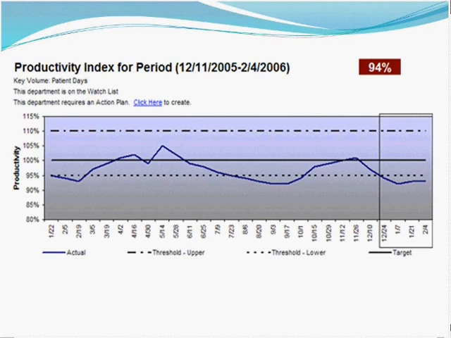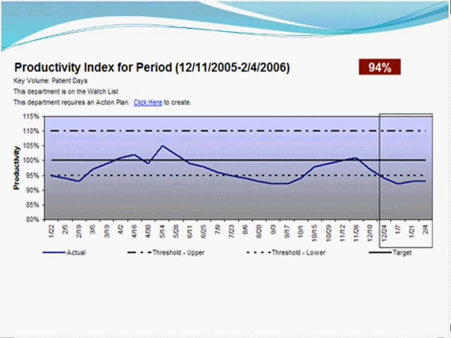In other words, units have a matrix that tell them if they have X number of patients, then they can have X number of nurses, X number of aides and secretaries, and so forth. So productivity is monitored in this unit that you see on the screen, and on average being 94%.